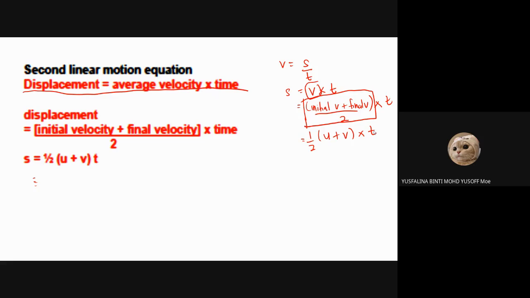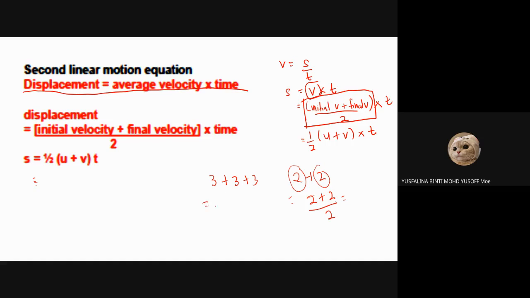Why divide by 2? Because it's average, right? Let's say for example I have two numbers, 2 plus 2, and the question asks to find the average of the numbers. How do you find the average? 2 plus 2, and then you divide by 2, because there are two numbers. Let's say you have three numbers, 3 plus 3 plus 3.